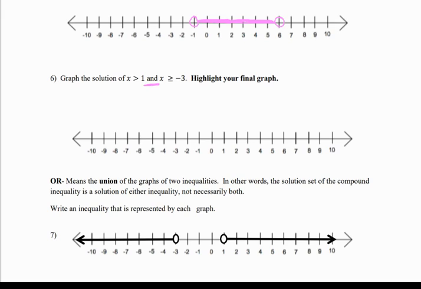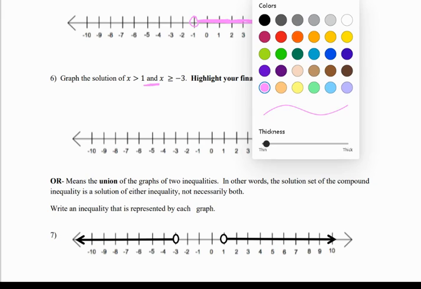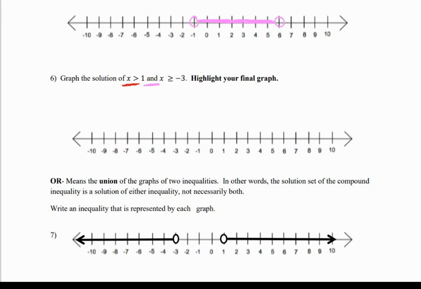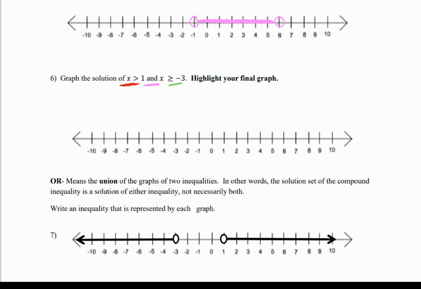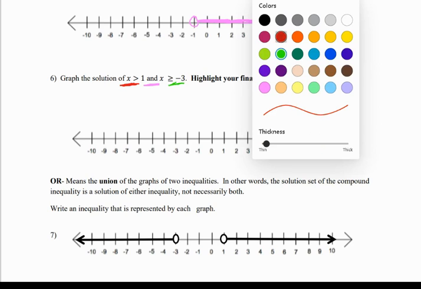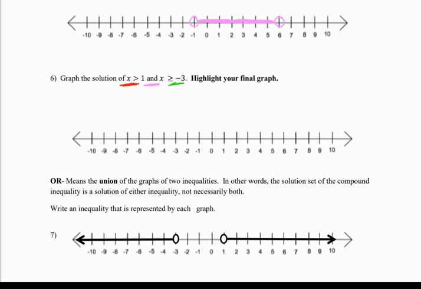Now let's see what happens. Okay, because sometimes we have special cases. So I'm going to do this one in 2 pieces. I'm going to use red first, and then I'll use green. So if I use the red first, it's saying I'm greater than 1. That means an open circle on 1, and which direction?